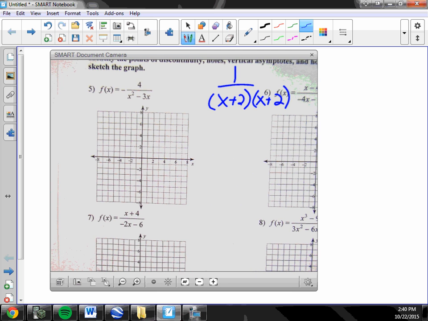So at negative 2, the graph is actually going to be going in the same direction. So if an asymptote is approached by both sides in the same direction, it has an even number of roots, a 2 or a 4 or a 6 or an 8. But if the asymptote is approached in 2 different directions, then it happens an odd number of times, 1, 3, 5, 7, and so on.